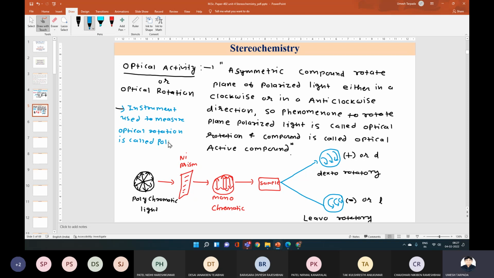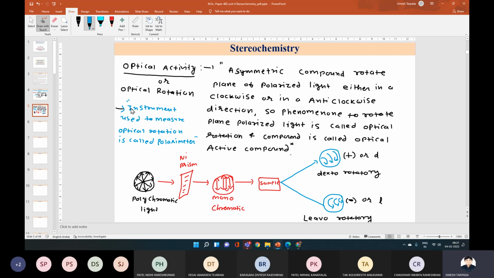You also have an experiment in TYBSC. This is the instrument which we use to measure optical rotation.